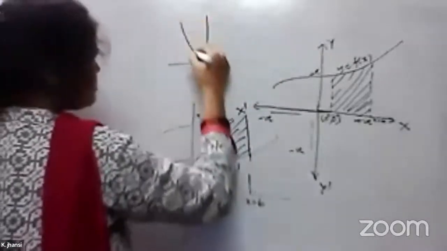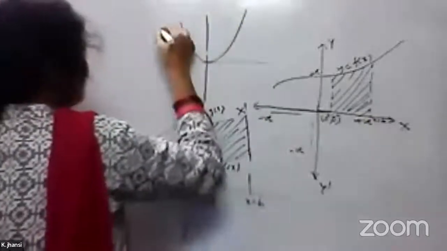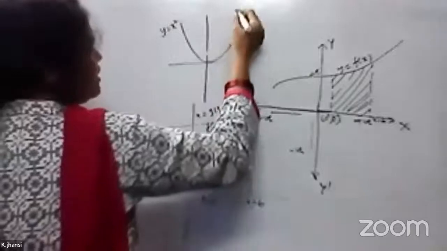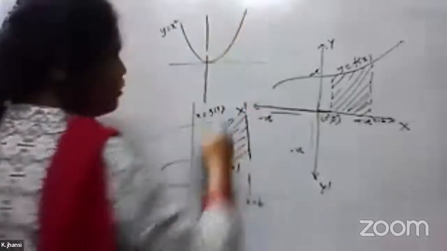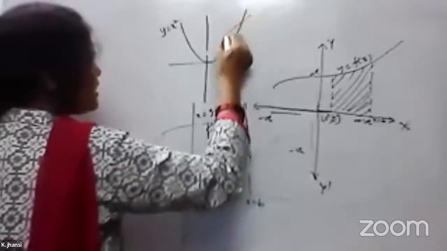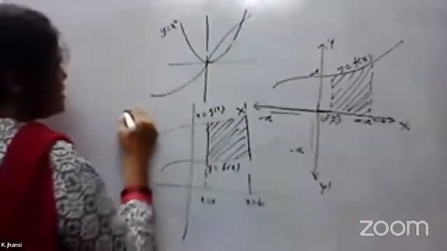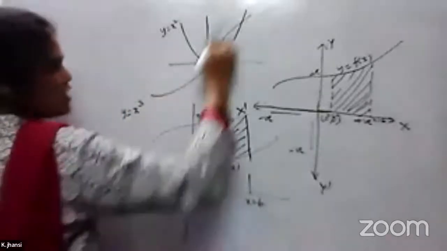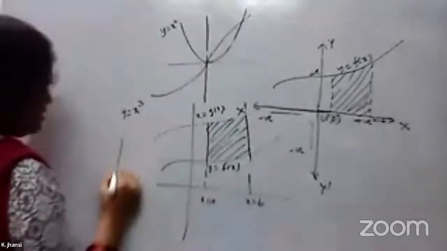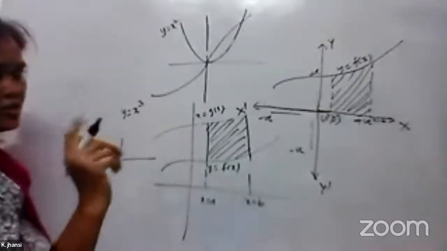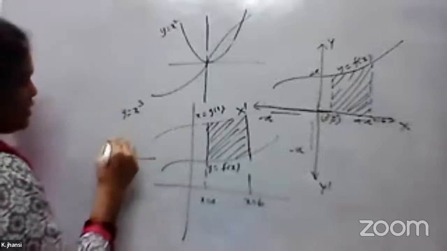If you see y equals x square, this is the y equals x square graph. If it is passing like this, it is y equals x cube. You have seen this in the last part of the first semester, in curve tracing, where you saw the diagrams.